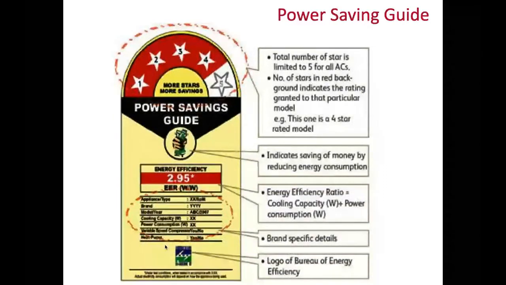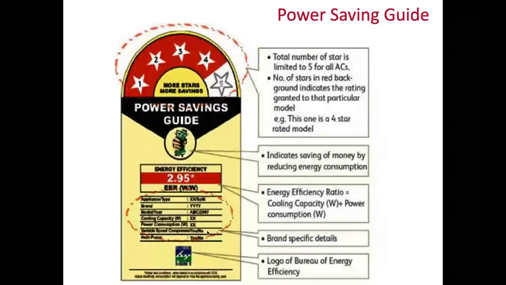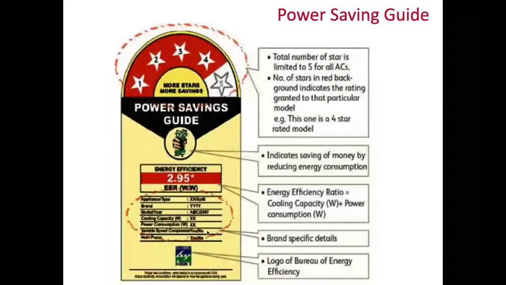Whereas we have also defined the EER, the energy efficiency ratio, in BTU, and we know that BTU means British thermal unit, per hour per watt, right? Hence we can say that EER in BTU per hour per watt is equal to 3.413 times EER in watt per watt.